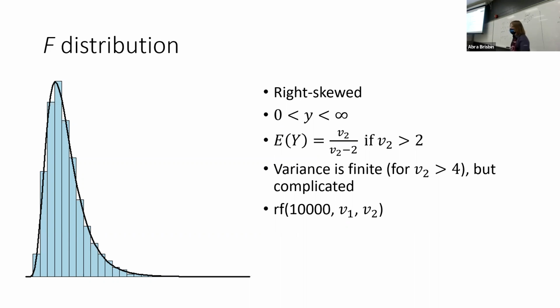And then to work with the F distribution in R, it's going to be using the same 4 prefixes as we've seen for other distributions, and its stem is just F. So if we want to generate 10,000 random numbers from an F distribution, we just use the function RF of 10,000, comma, numerator degrees of freedom, comma, denominator degrees of freedom.